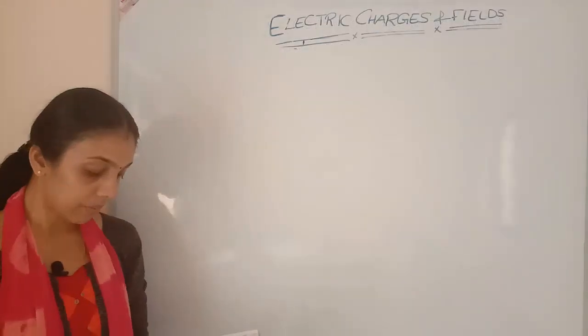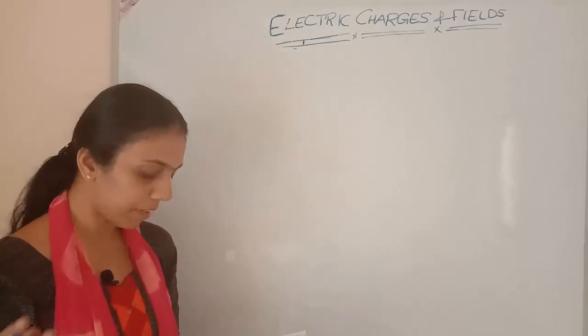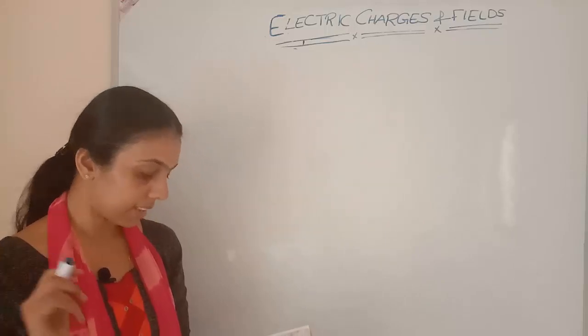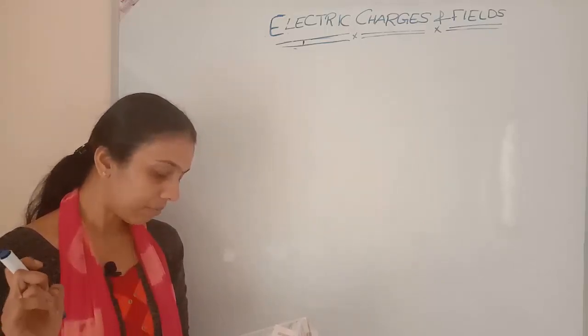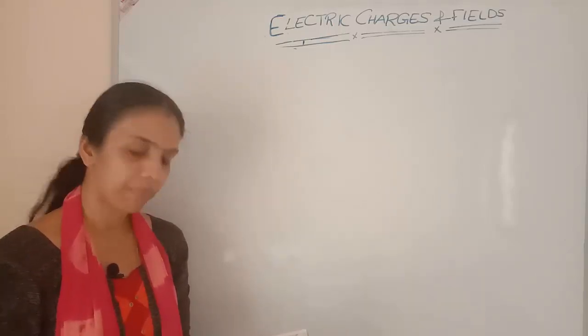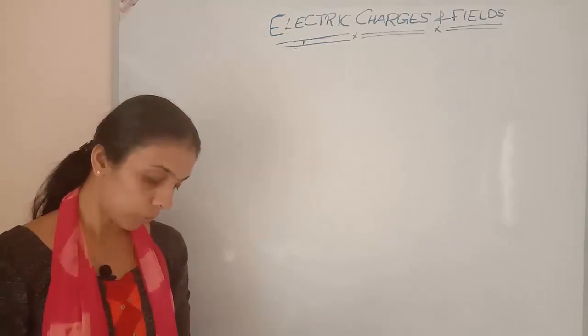So here the values given are plus q, minus q. Charge is given as 0.1 microcoulomb, distance 2a equals 2 centimeter. The dipole is placed in an external field of 10 to the power 5 Newton per coulomb, so E is also given as 10 to the power 5 Newton per coulomb.